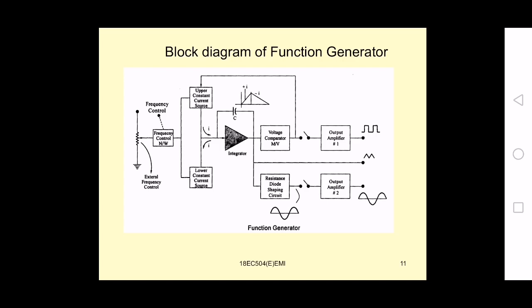So this you have to know, the frequency control network, first one. The frequency control network may be internal or external, and the frequency is controlled by varying the LC or RC circuits. And this frequency is controlled by what? By the current from the upper constant current source or lower constant current source, and this current is driving the integrator.